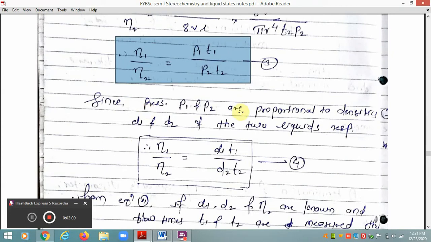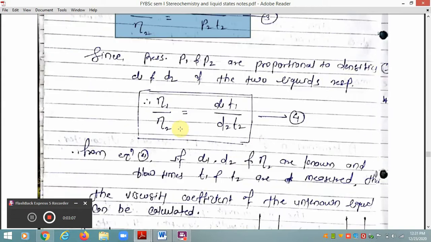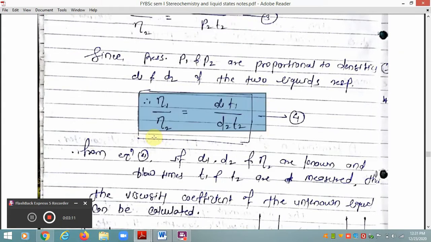Here the pressures P1 and P2 are proportional to the densities D1 and D2 of the two liquids, and these pressures can be replaced by their respective densities, and that's why equation 3 can be written as eta 1 upon eta 2 is equal to D1 into T1 divided by D2 into T2.